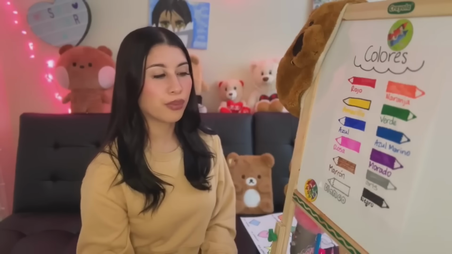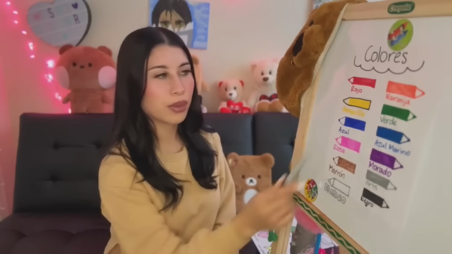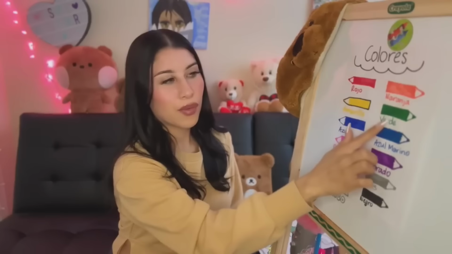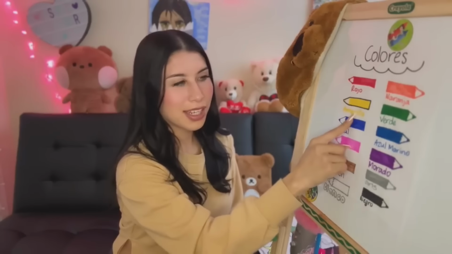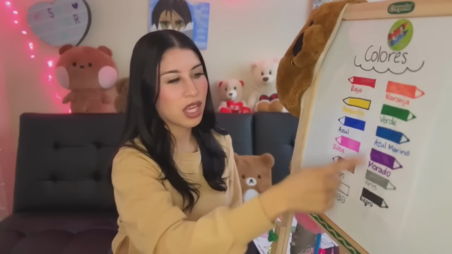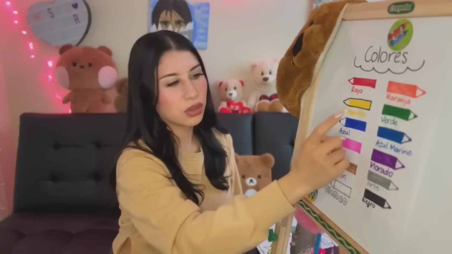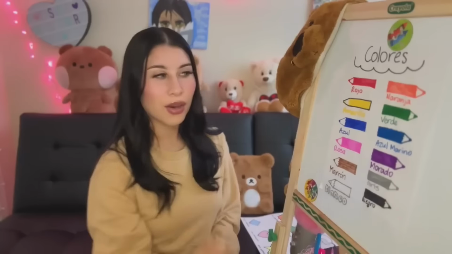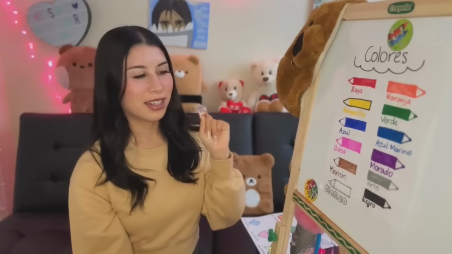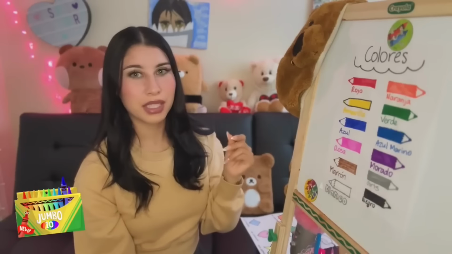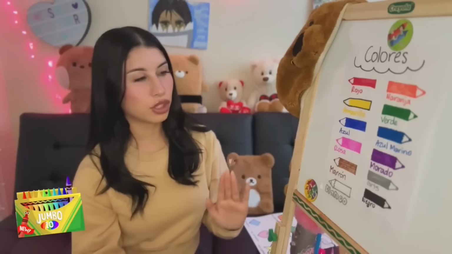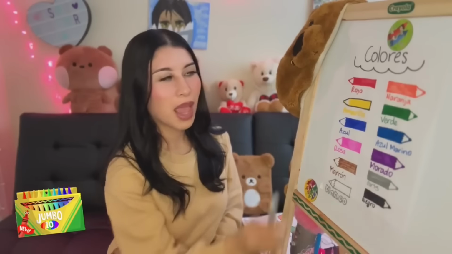Okay, so it's rojo, verde, amarillo, blanco, negro, anaranjado, gris, café, azul, morado. Oh, actually, it doesn't have pink. I thought it was white, but it does have white. Teachers make mistakes, okay? Teachers make mistakes.